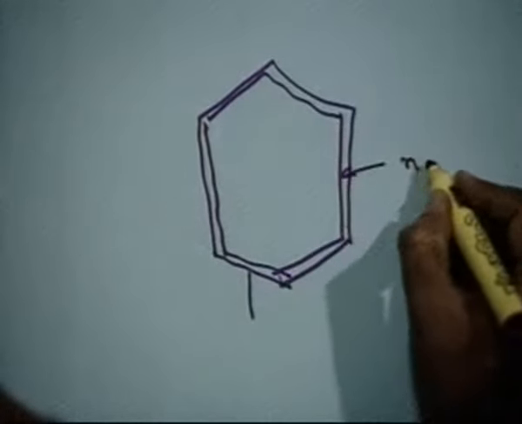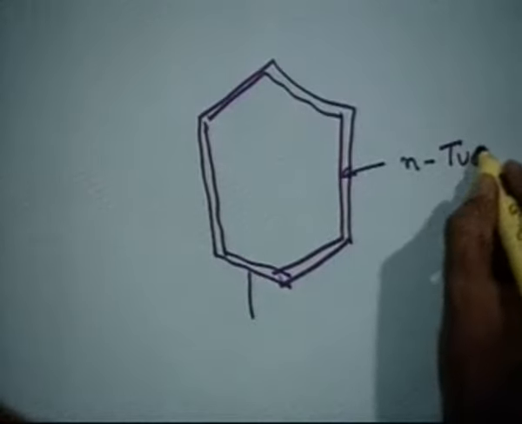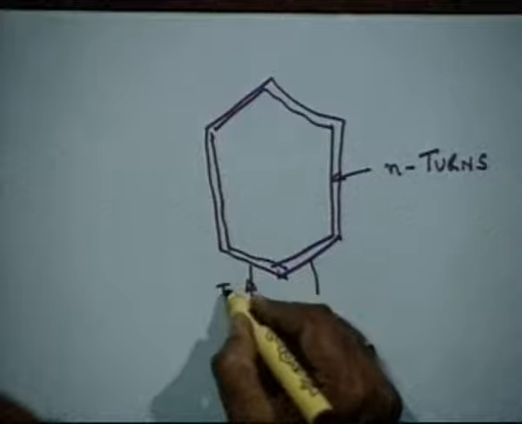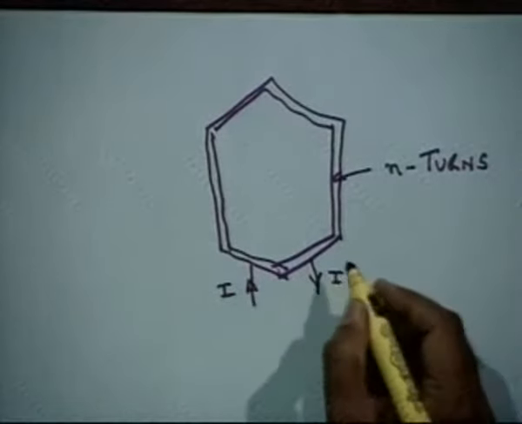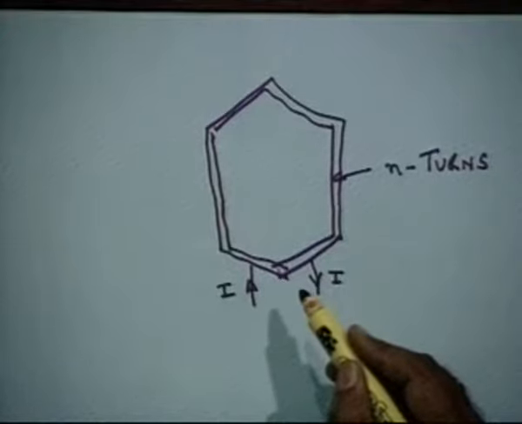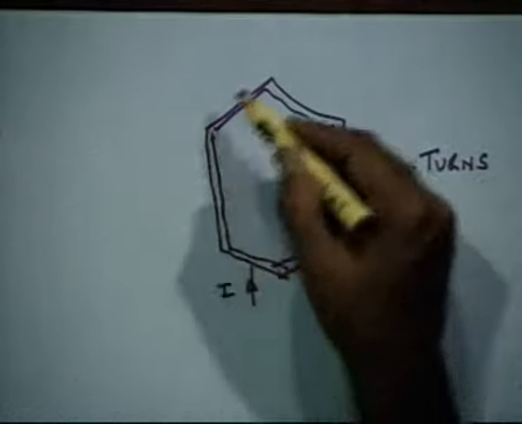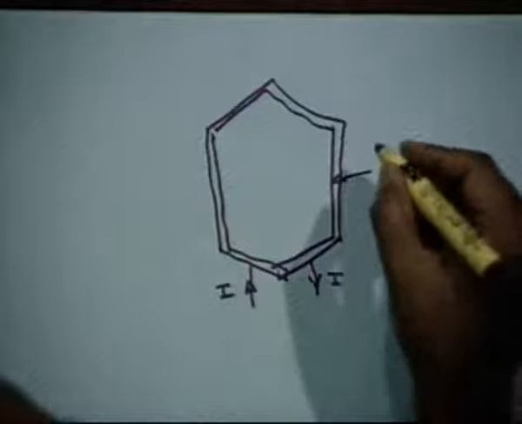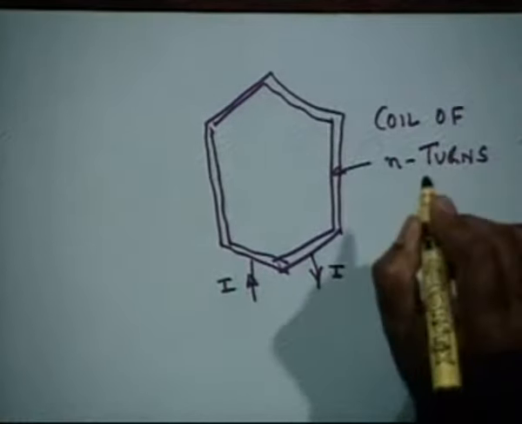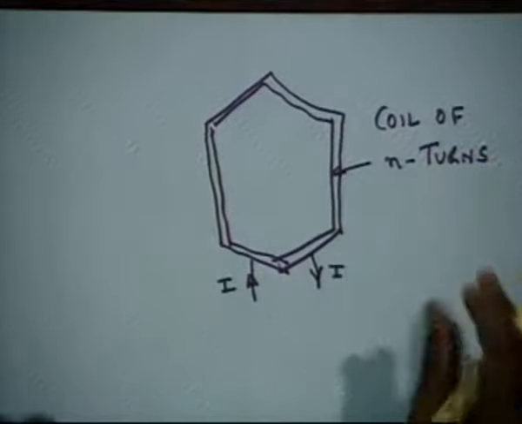You can have n turns, and that means the current goes in, the current comes out, but it traverses n times inside the coil. Is it clear? So this is called a coil of n turns.